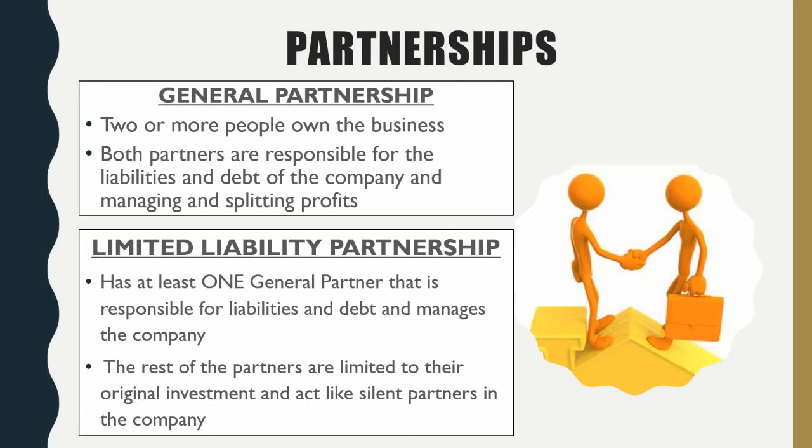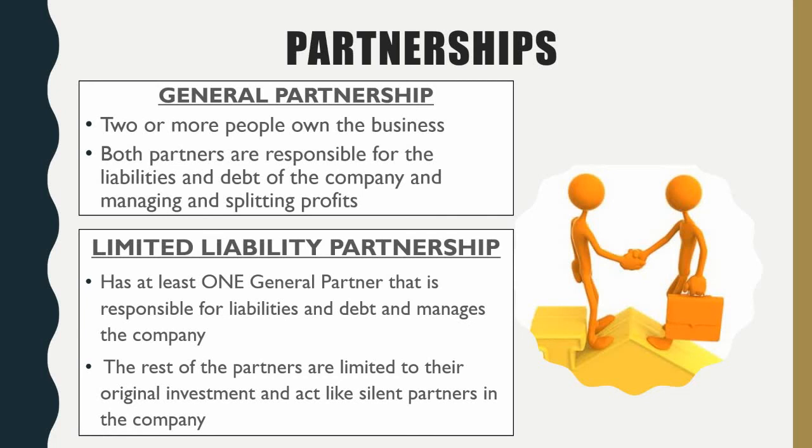So again, all the partners are responsible for running the business, but they are also responsible for any liabilities. All the partners are equally liable, or based on their percentage, they are liable for the company. Okay, so again, same thing with splitting profits.